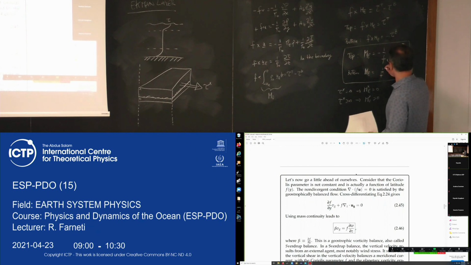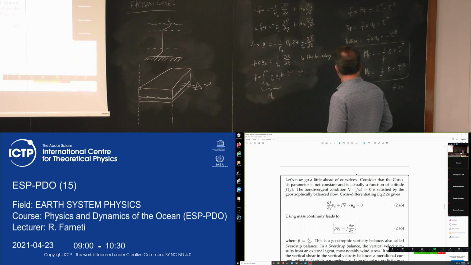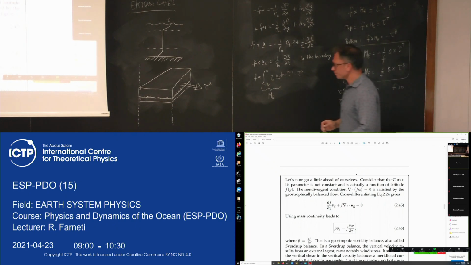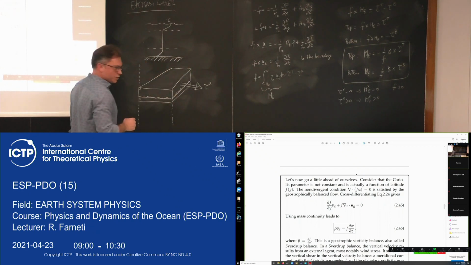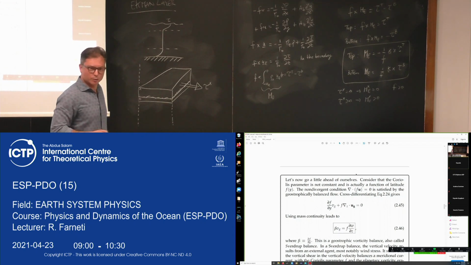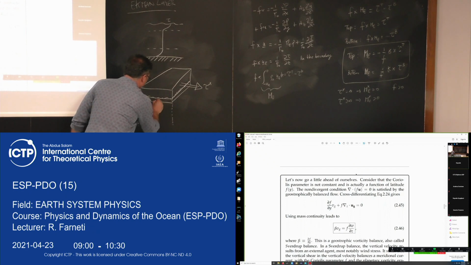In the northern hemisphere, f is positive, something that you already know, so it is to the right. So if you have this zonal wind stress component, you will produce an Ekman mass transport which is directed into the board or out of the board? Out of the board. So this would be the oceanic mass transport.